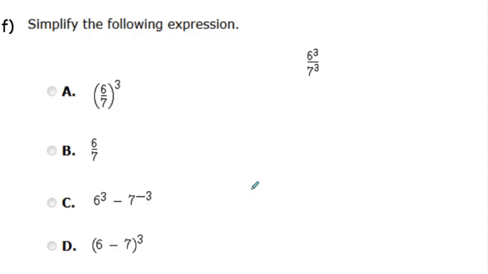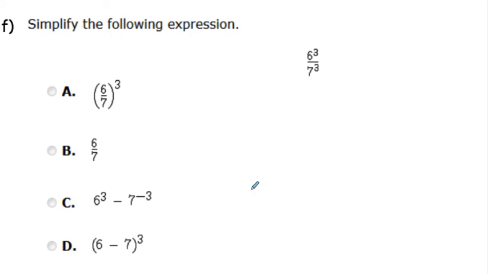And the last one, to simplify this, we want to know which of these options, A, B, C, or D, is equal to this. Now remember, none of your exponent rules as far as subtracting these exponents apply here because the bases are not the same. So we want to see which of these will apply, kind of working backwards.